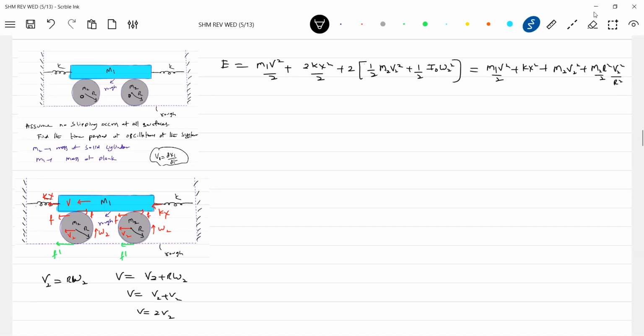Okay, I can replace v2 in terms of v, and we know v is equal to dx by dt. E is equal to m1 v square plus kx square, plus 3m2, where v2 is V by 2 whole square.